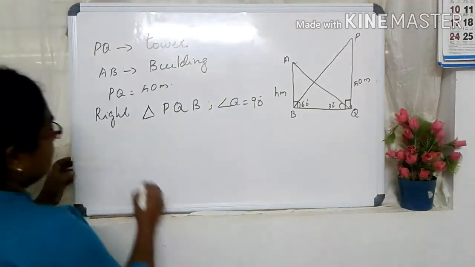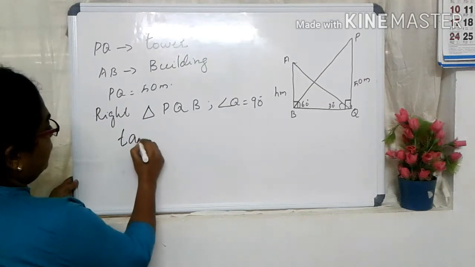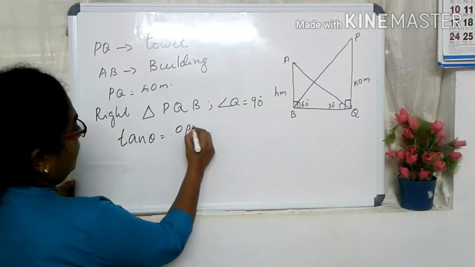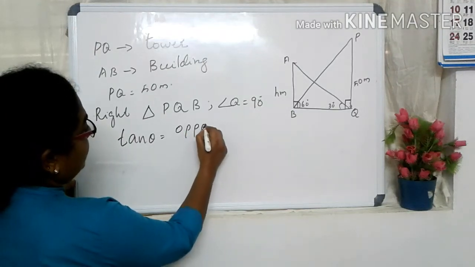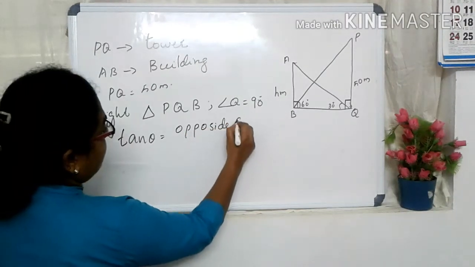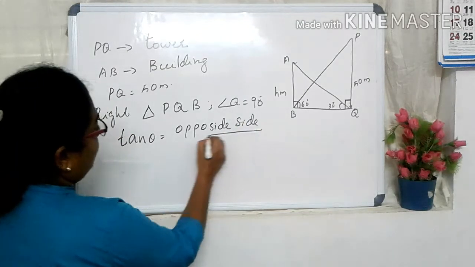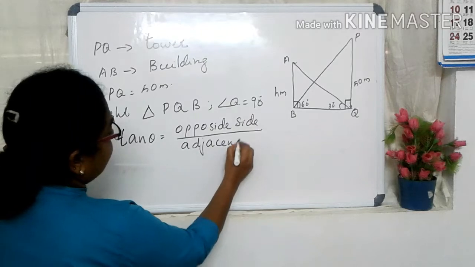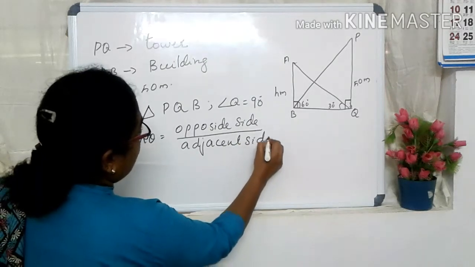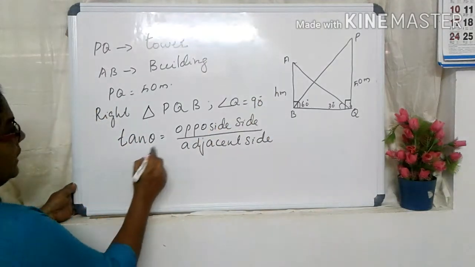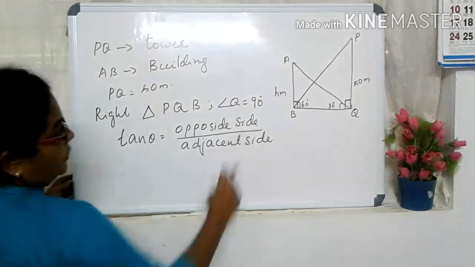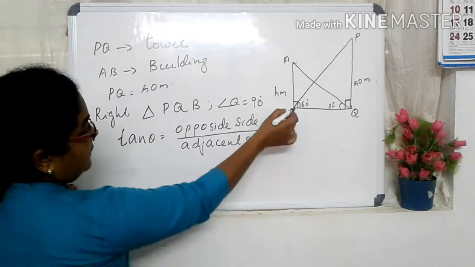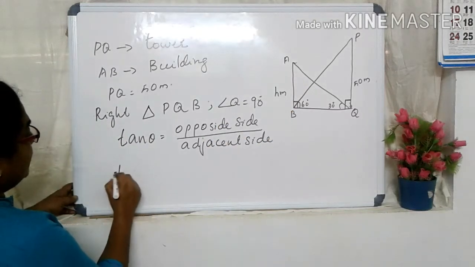Tan theta equals opposite side by adjacent side. What is the opposite side here? The opposite side is PQ, that is 50 meters, and the adjacent side is BQ, and theta equals 60 degrees.